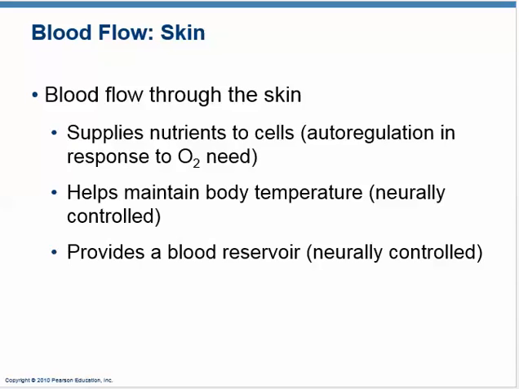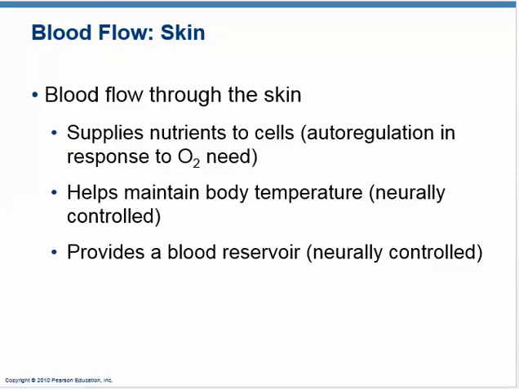Skin is very variable. A lot of it is about maintaining body temperature. We bring more blood to the skin to radiate heat, to get rid of excess heat, because it's the surface area, and we stop bringing it to the skin if we're cold, so that we don't lose heat.